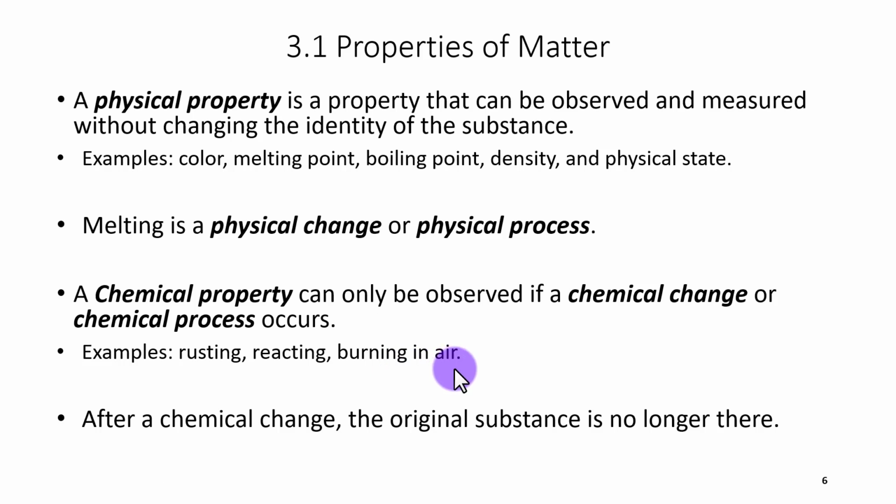We have ashes and we have water vapor, so it depends if it's a complete combustion or not. But we can have several different products, but none of them look like the original products. And so we have a chemical change or a chemical process. The original substance is no longer there after a chemical change occurs.